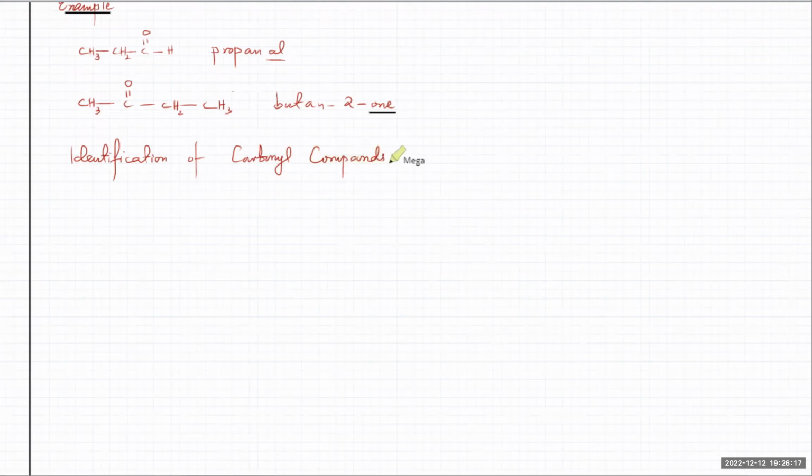The identification test for this is, and carbonyl, remember, is both aldehyde and ketones. So what you do is that you add 2,4-DNPH.